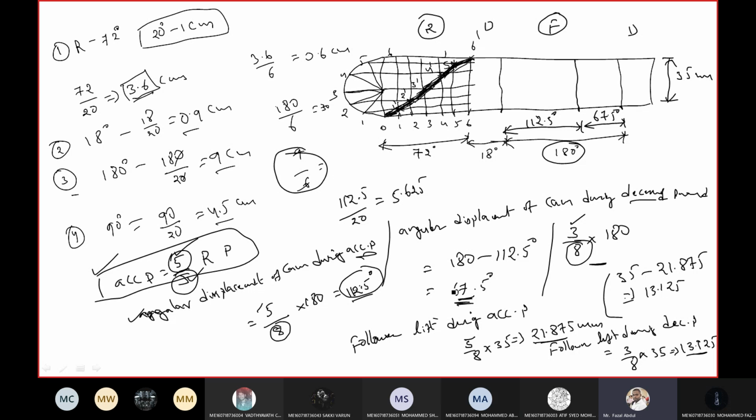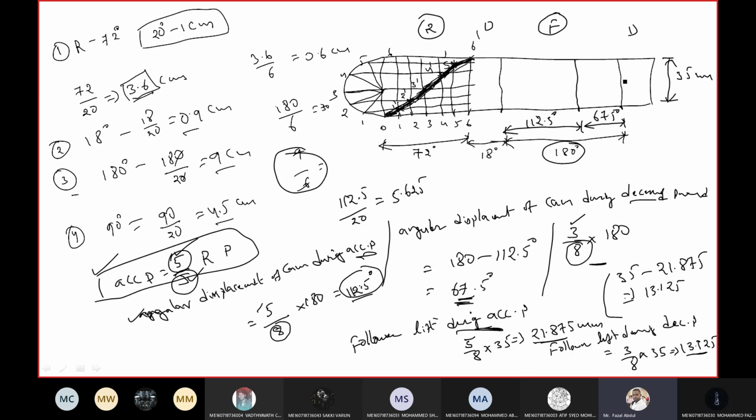First, the ascent period. Ascent and descent will be in the same column. Ascent and descent would be in the same column. In this third stage only, whatever operation I'm doing applies to this third column only. Dividing this one, following the follower lift during the ascent period, measure from the top side.